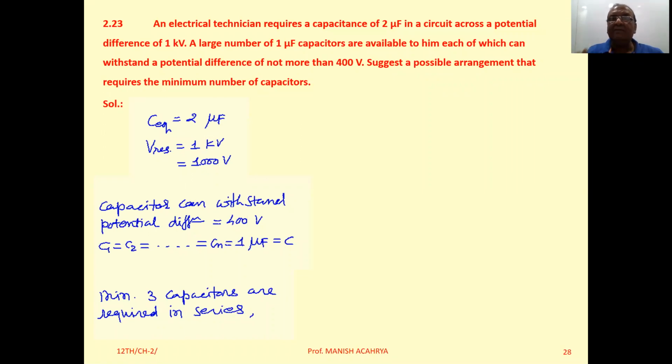So let's think about the parallel combination of rows of 3 capacitors in series. Now, how many rows of 3 capacitors do we have to prepare in parallel? We don't know.